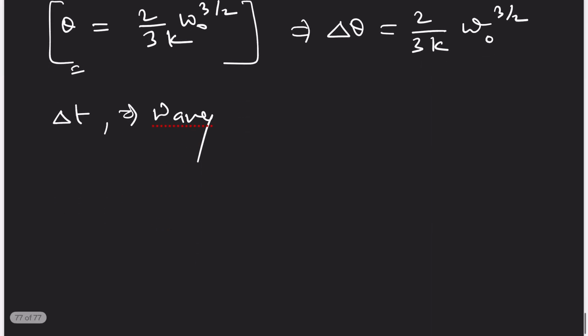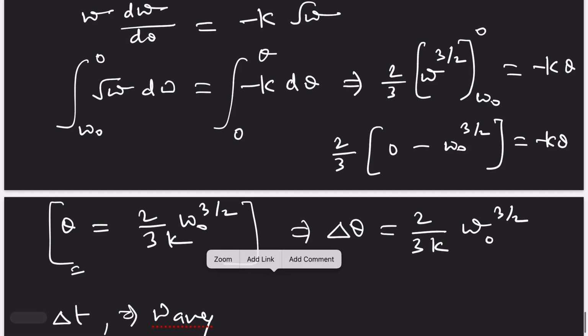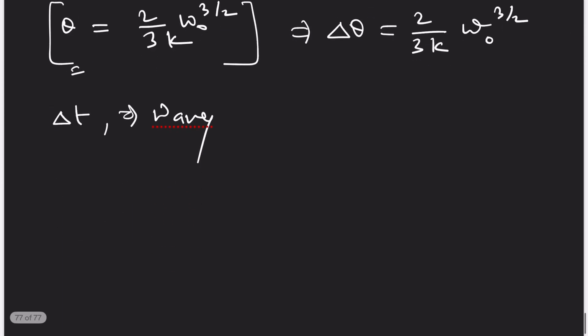If you see, alpha was given, one minute guys, let me change the color. You can see this part also. Alpha is given as minus k root omega.